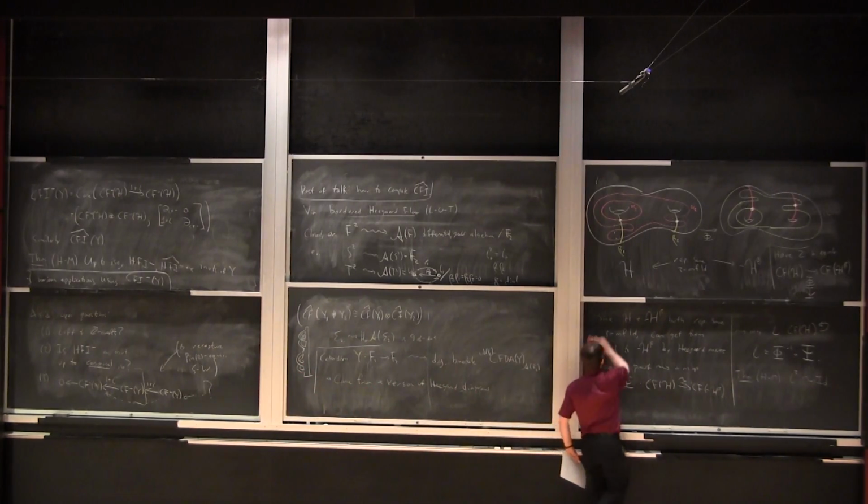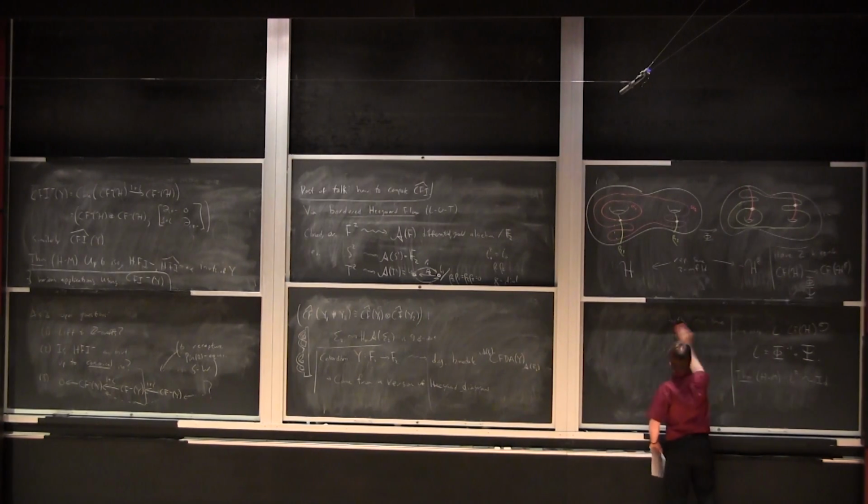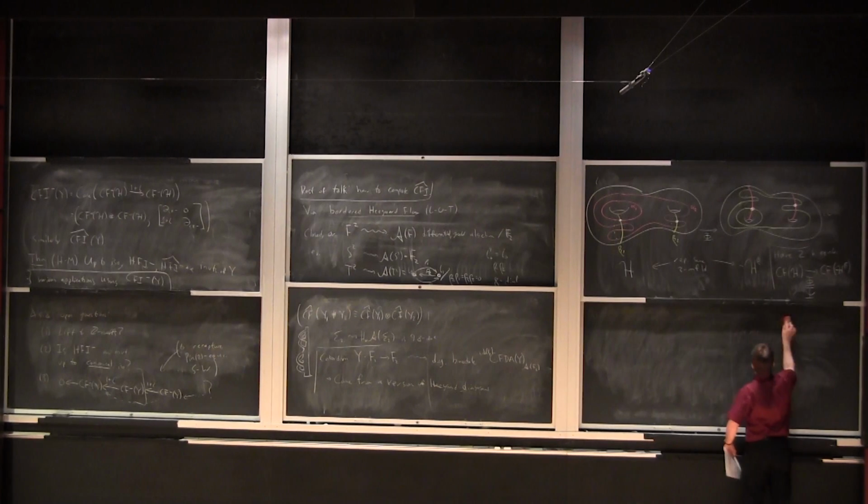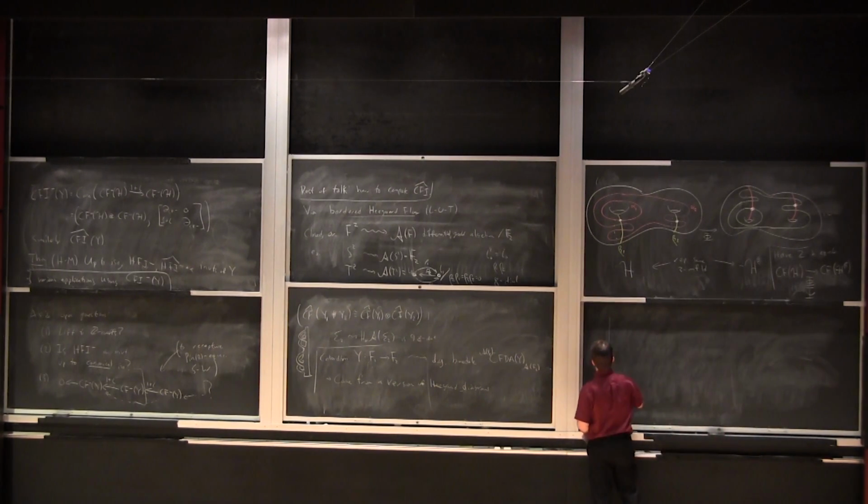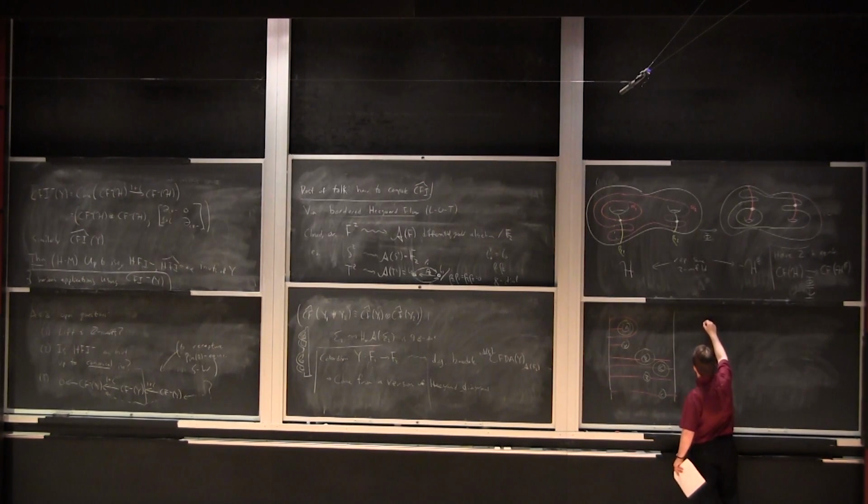So I feel like I should draw one. For example, here's a Heegaard diagram for an elementary cobordism from a surface of genus 2 to a surface of genus 1.